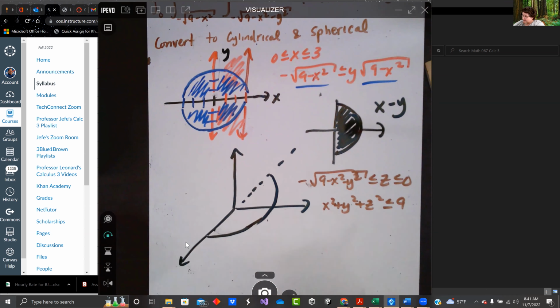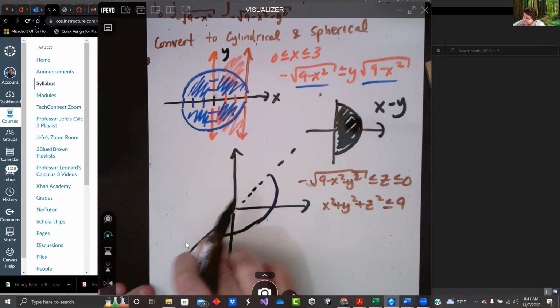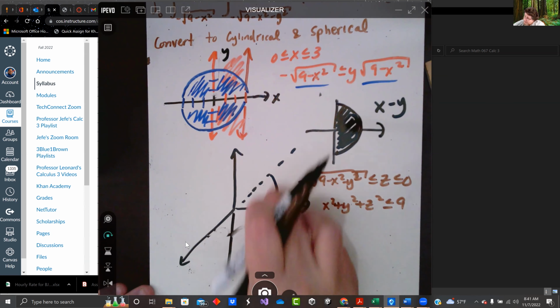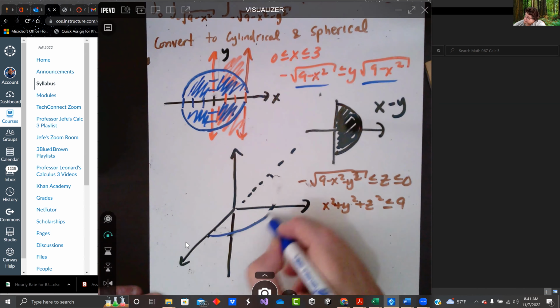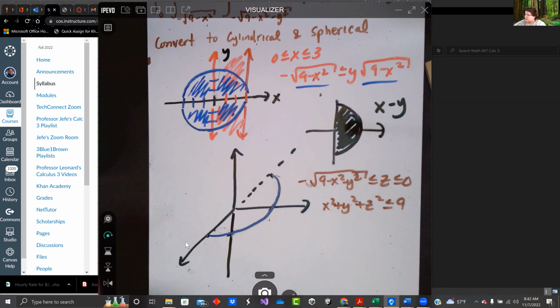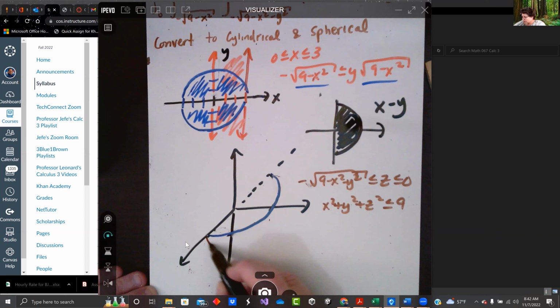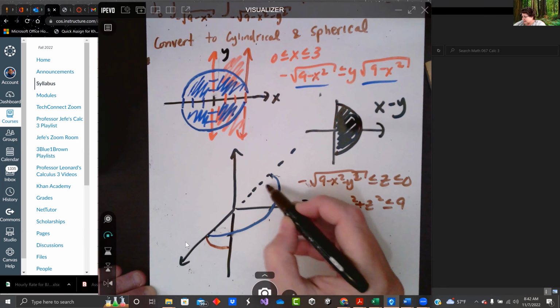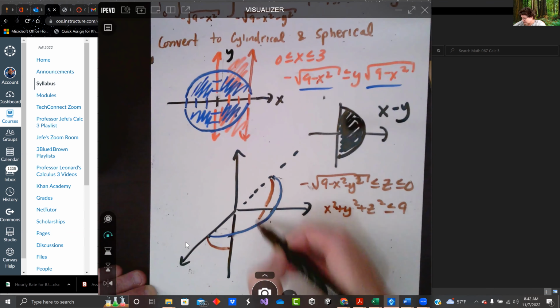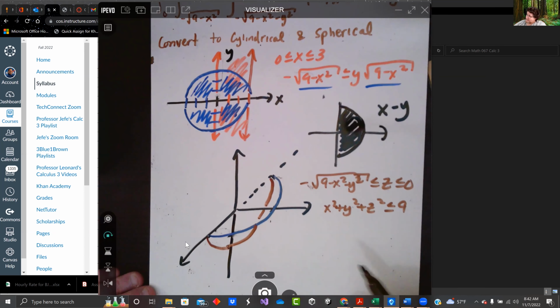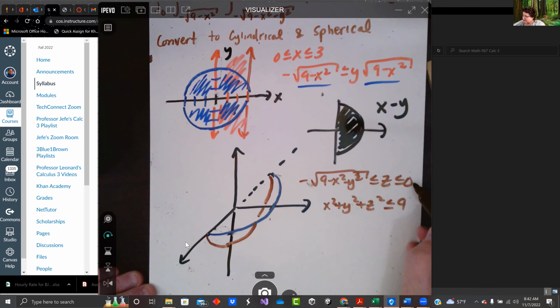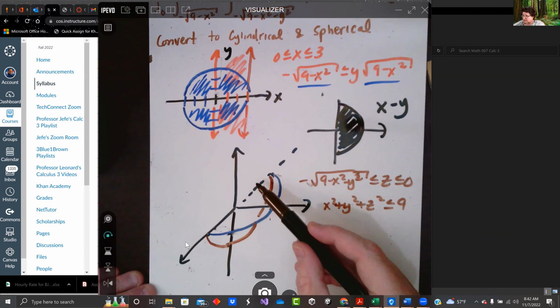Let me do this curved part in blue. I'm going down 3. I've got a bowl going downward, and it's connected over there. The upper limit is 0, so I don't do anything above it.